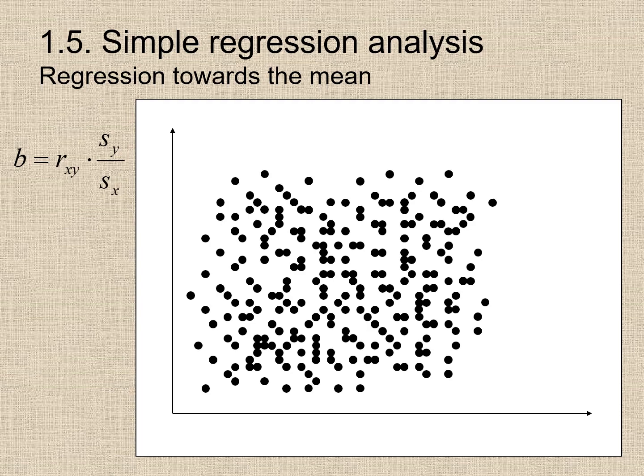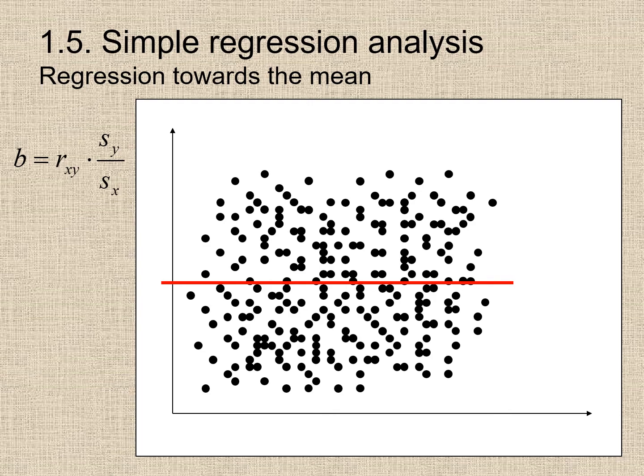If a person has this value on the independent, what will we predict that he or she has on the dependent variable? The mean. And there, the mean. We will always predict that the individual on the dependent variable has a value that equals the mean. We completely ignore what value he or she has on the independent variable. We predict the mean all the time.